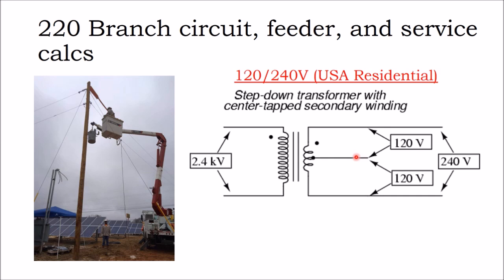And so what that means is a solar inverter is a 240 volt device. It'll actually take up twice as much space on your service panel because it's going into both legs of power.